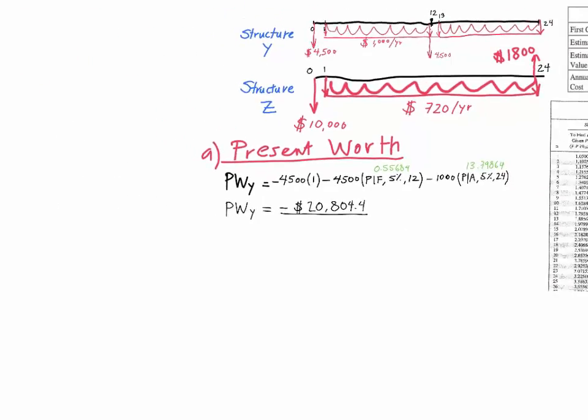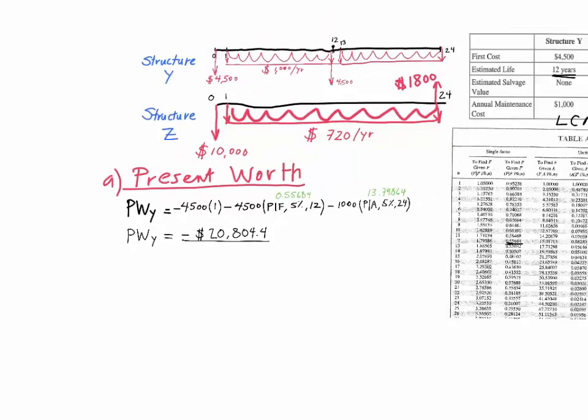So that's the present worth of Y. The next would be present worth of Z.